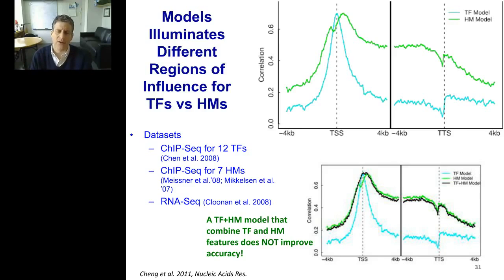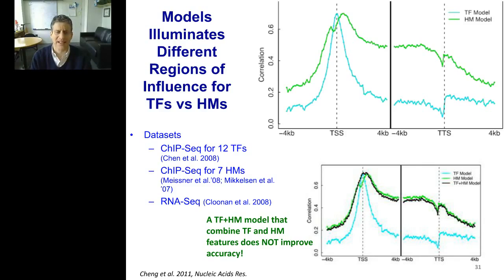And then the other thing you can do in these pictures is say, well, we have a TF model and we have a histone mark model. Why don't we combine them and make a super or uber model that has all of the things, and maybe we'll be able to do even better. And so we did that, and that's shown in the black line in the bottom right-hand side of the figure. Interestingly enough, that black line doesn't do any better than the histone mark model.